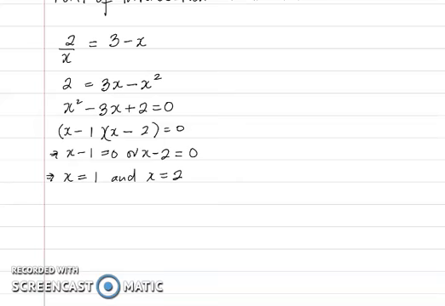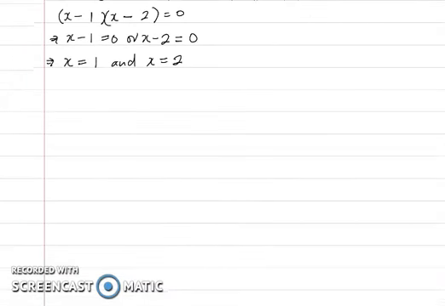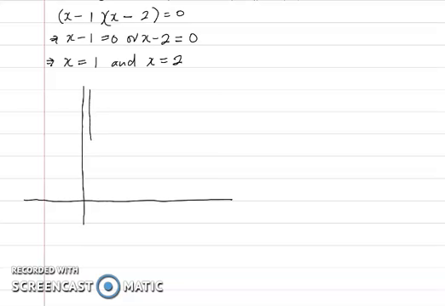All right, another thing I like to do sometimes is a sketch of my graphs just to get a visual appreciation of what I'm dealing with. So I'm just doing a quick sketch, nothing special. So y is equal to 2 over x will probably look something like this.